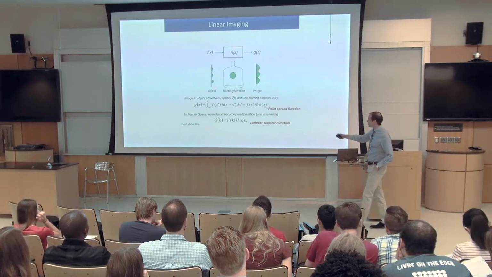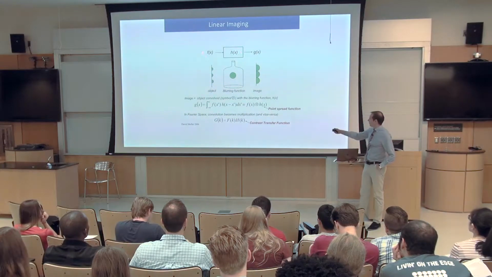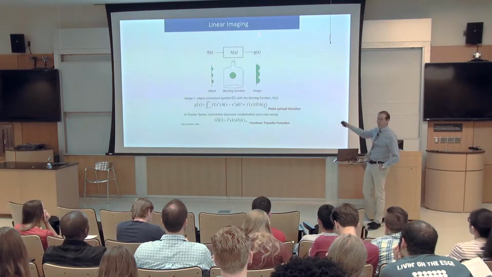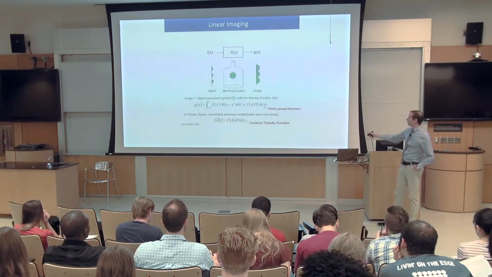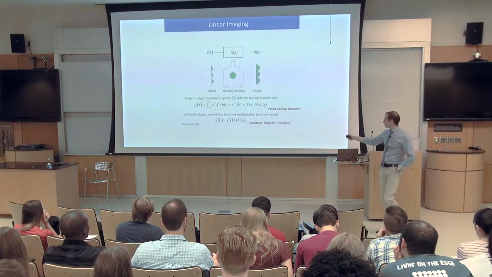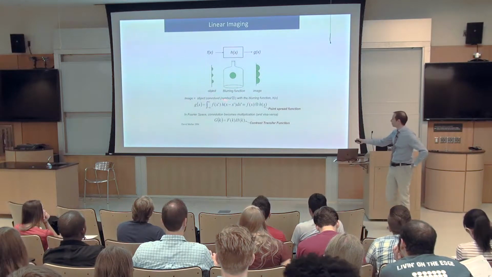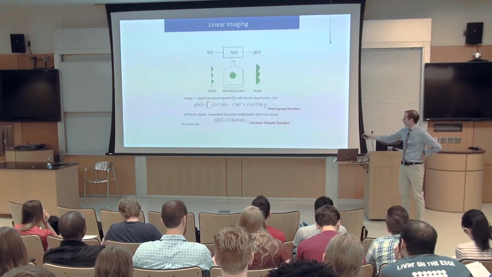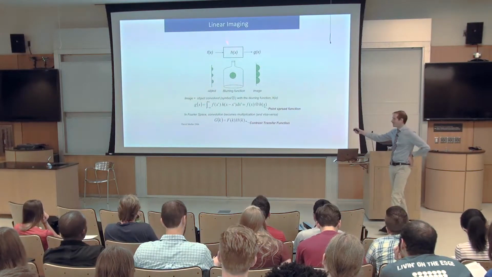And this acts as a blurring function. The optics in your microscope will alter this object function to create an image. So how do we go from our object to our image, and what is this blurring function? We can describe this blurring as a convolution between our object and some function that describes our microscope, in this case h of x.